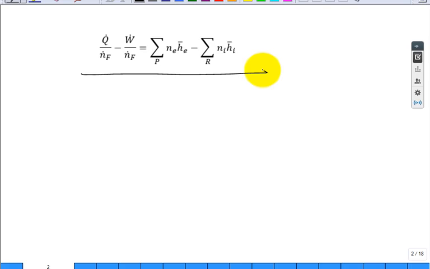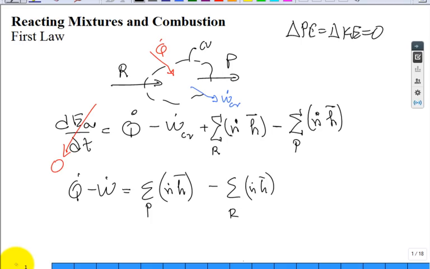Now, what did they do here? How did they change that equation from this equation? Well, they probably have written a reaction equation like this. Let's say 1 in front of the fuel. Let's pick CH4 as my fuel. Hey, what was the name of CH4? Methane, natural gas.